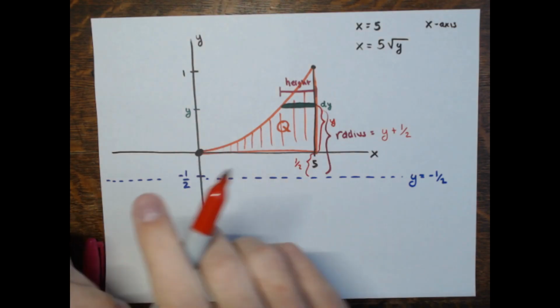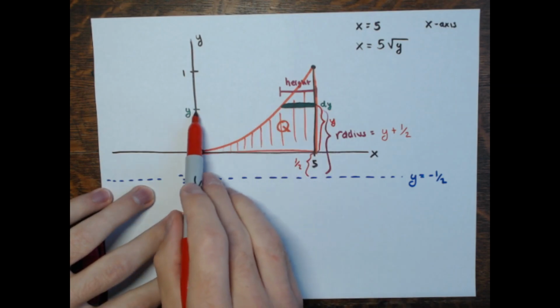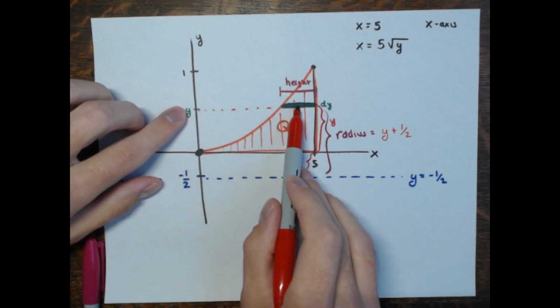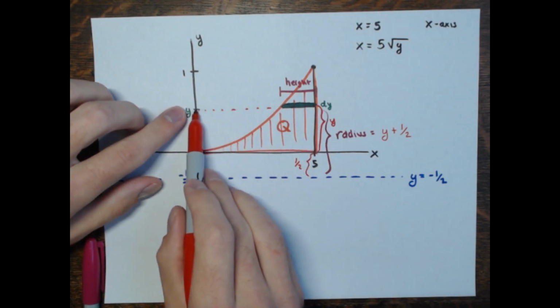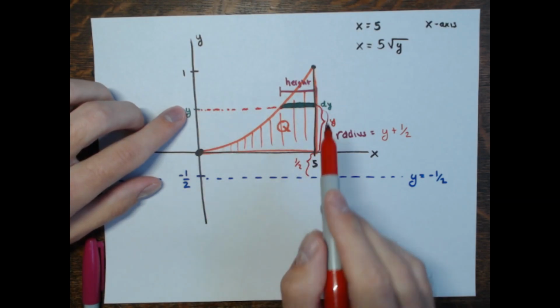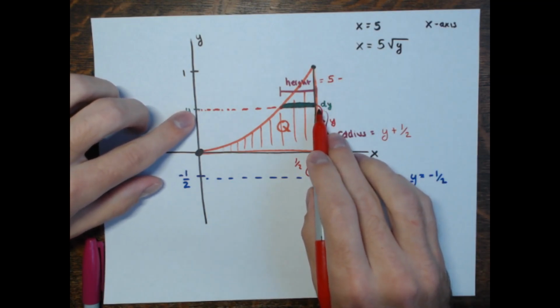Now this height, the width of the rectangle here, is the x coordinate on the right curve minus the x coordinate on the left curve. The x coordinate on the right curve is 5, so that's 5 units.